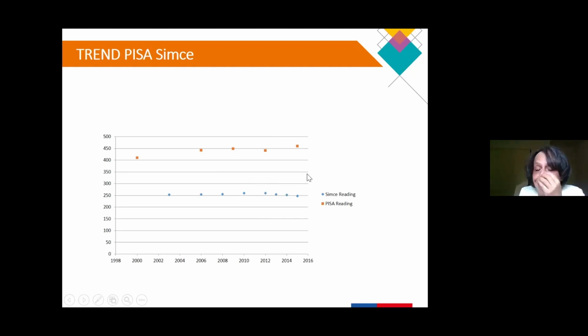And this makes us think that we have to make our national tests more enjoyable to the student, as PISA is, and this was one of the things we could determine looking at what the students say about doing the PISA test and the SIMSE test. That is, the national test is somehow a little bit more boring for a student because it has long readings, more things that are not so interesting.